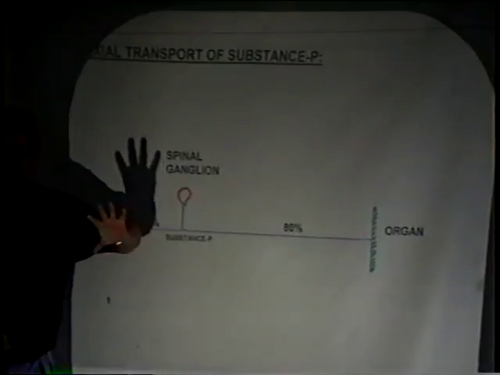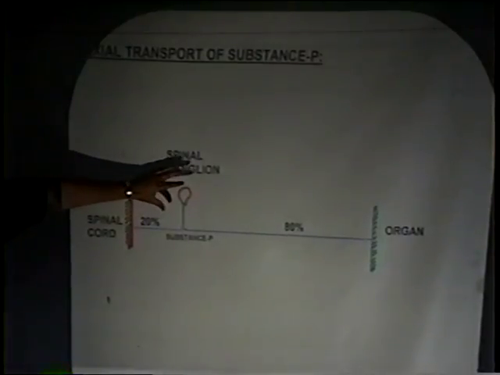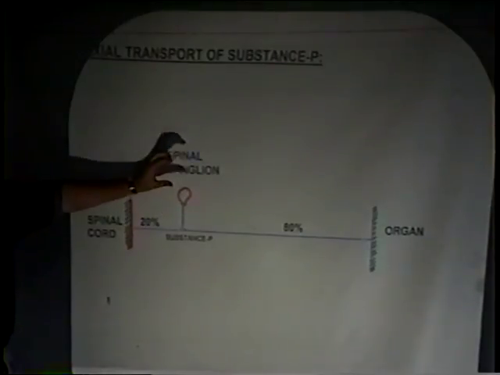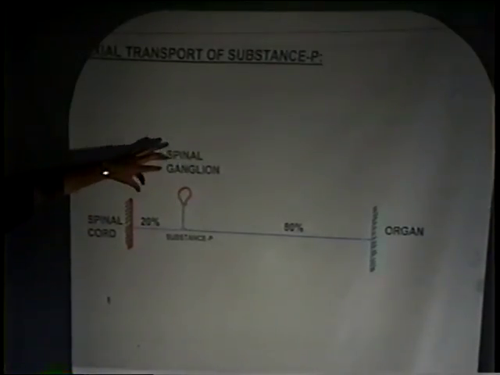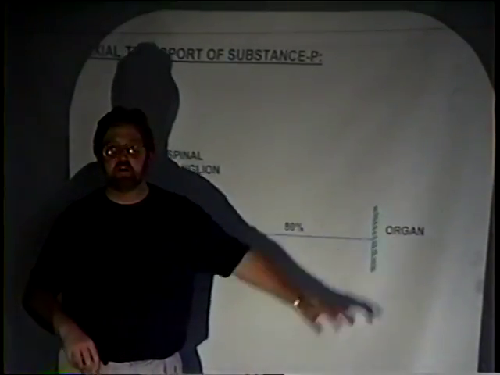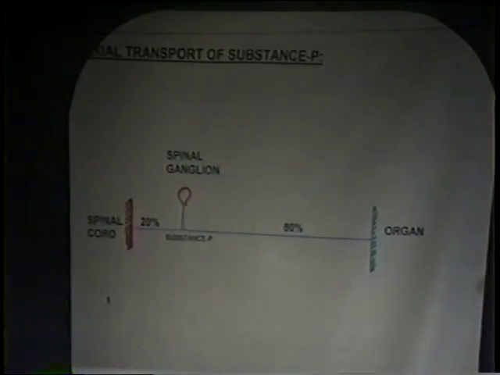What will happen then, the spinal ganglion will produce the substance P again, but it will take time to get to the organ. And that's why if you twist your ankle, in the beginning you have swelling, normally, and then you think, oh, it's not too bad actually. Then after a while it gets worse again. That could be related to the substance P.